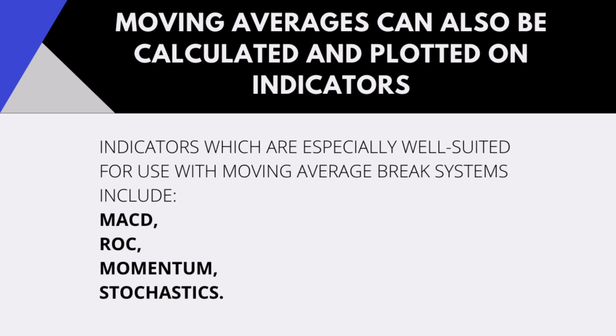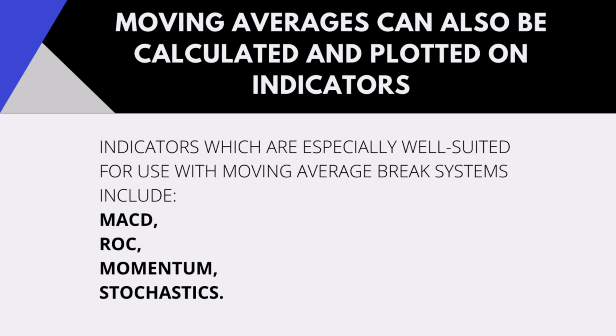The interpretation of an indicator's moving average is similar to the interpretation of a stock's moving average. When the indicator rises above its moving average, it signifies a continued upward movement by the indicator. When the indicator falls below its moving average, it signifies a continued downward movement by the indicator.